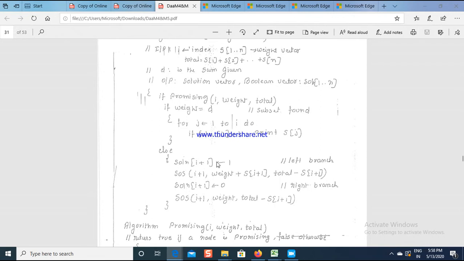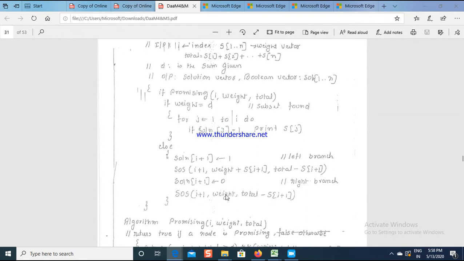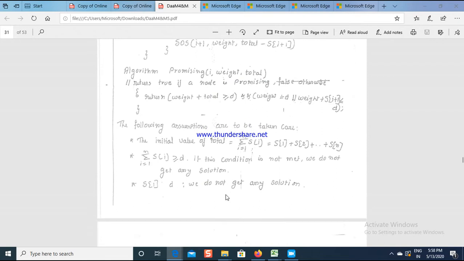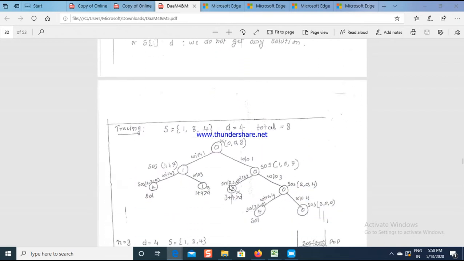Okay. So what we are doing when I move towards the left, and what we are doing when we move towards the right, I'll explain to you. So when I am moving towards the left, what is happening? The index will be incremented by 1, 0 to 1, I plus 1.